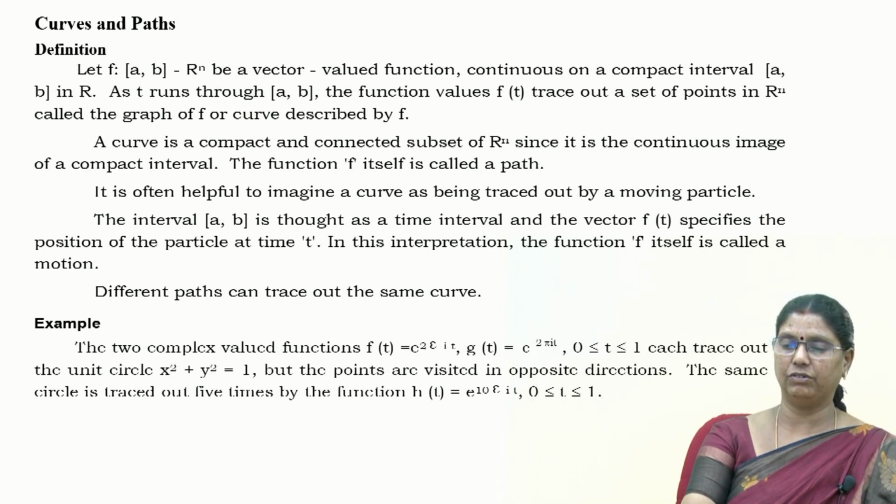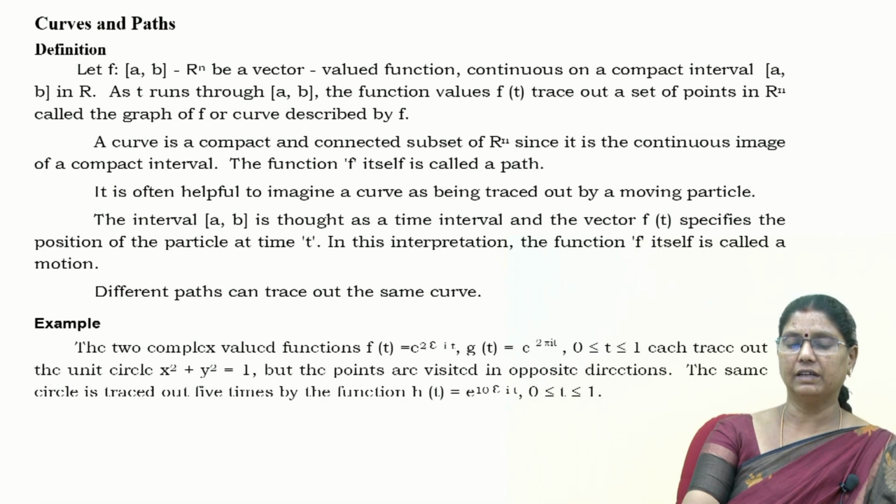It is often helpful to imagine a curve as being traced out by a moving particle. The closed interval [a,b] is thought of as the time interval, and the vector f(t) specifies the position of the particle at time t. In this interpretation, the function f itself is called a motion. Different paths can trace out the same curve.